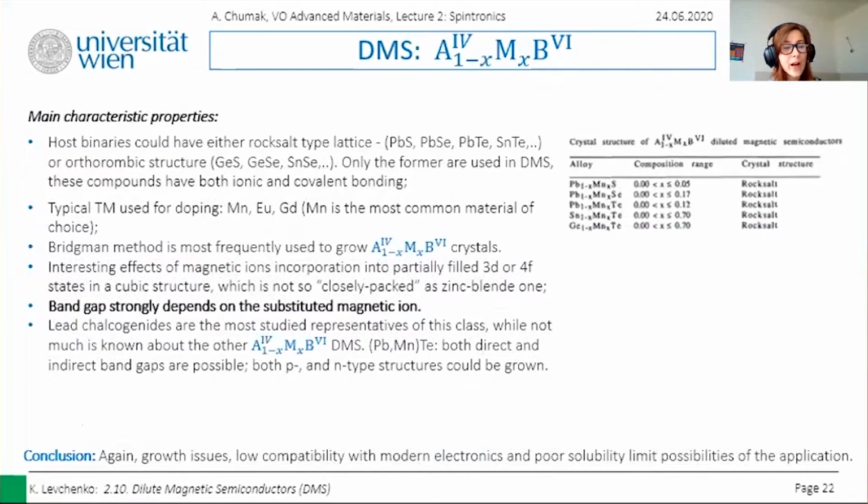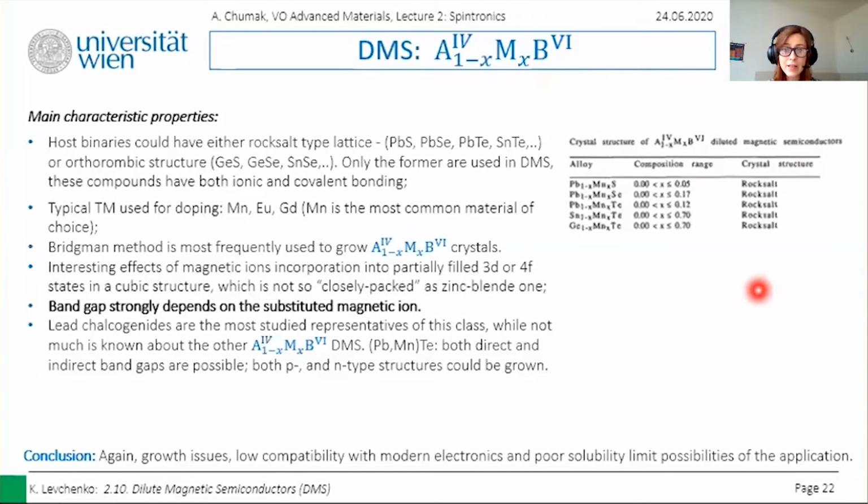And now we arrive at another interesting material from the point of view of carrier-mediated ferromagnetism. These are alloys of the group IV-VI. They have a typical rock salt structure, representatives being lead manganese selenide and lead manganese telluride. And similarly, a fraction of the host material here is replaced by a transition metal ion, manganese, europium, or gadolinium, for example.